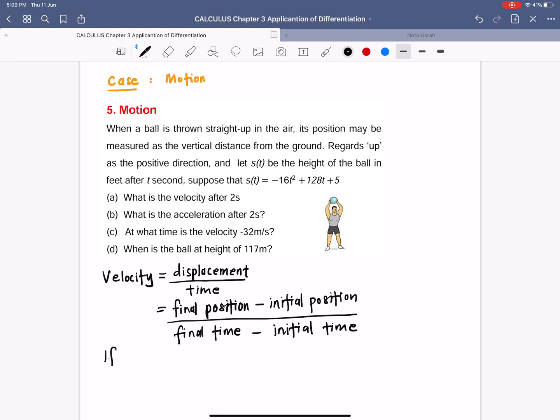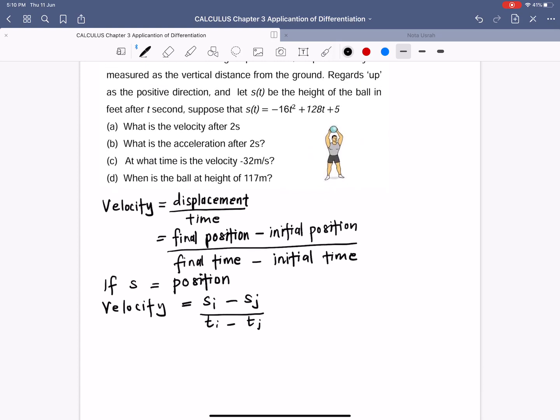So if we let S be the position, then velocity equals Si minus Sj, where Si is the final position and Sj is the initial position, over Ti minus Tj. Okay.